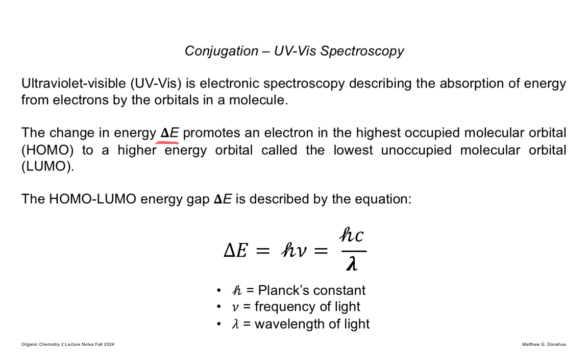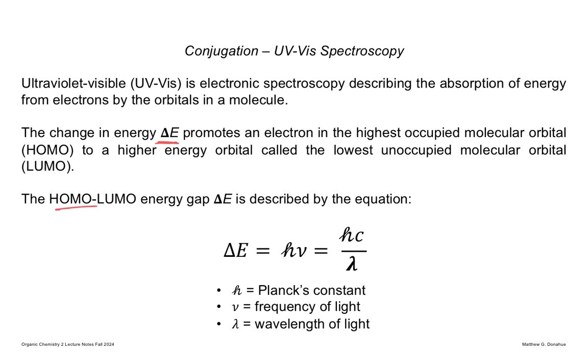The change in energy, delta E, promotes an electron from the highest occupied molecular orbital into the higher energy antibonding orbital, called the lowest unoccupied molecular orbital. The reason you're seeing colors is because electrons are being promoted from one place to the next. Then they relax and things are emitted as light.